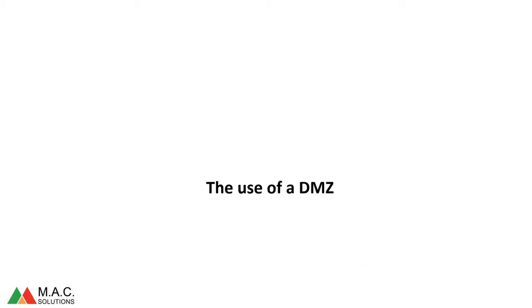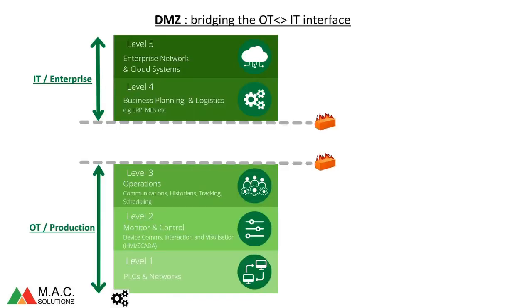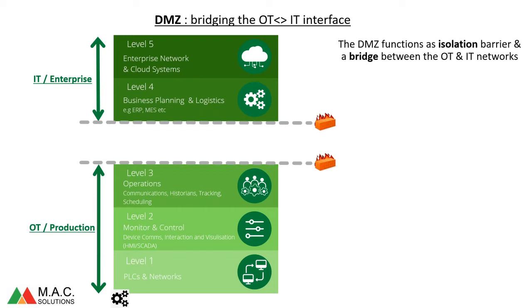So how do we overcome the issue of having to keep all the firewall ports closed? The use of a DMZ is the way to do this, and it bridges and isolates the two systems. So it's both an isolation barrier between the IT systems and the OT systems, and also a bridge between them.